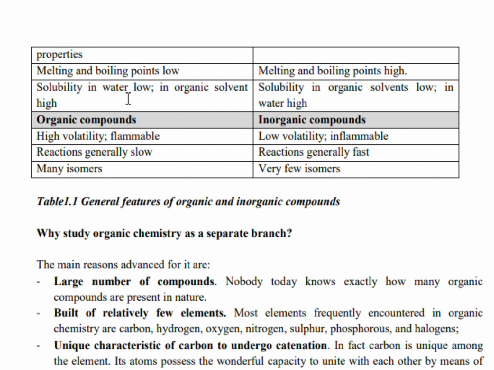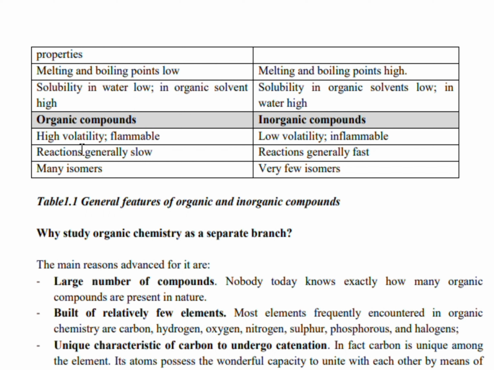For example, paraffin may be soluble in alcohol, but not soluble in water, because alcohol is an organic solvent. If we dissolve some alkanes in ether, they will be soluble, but some of them may not be soluble in water because they are organic compounds.